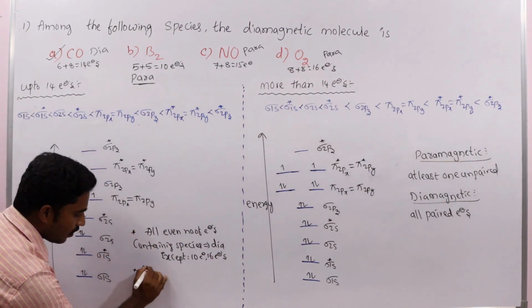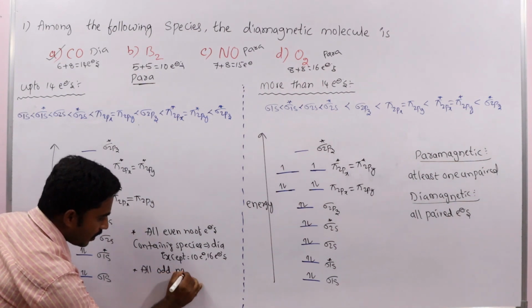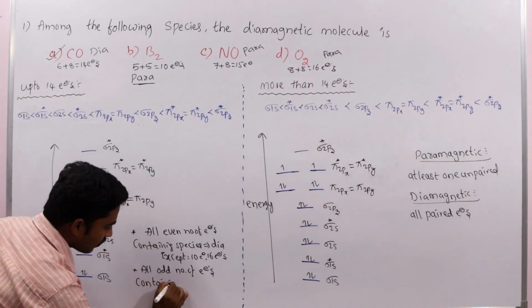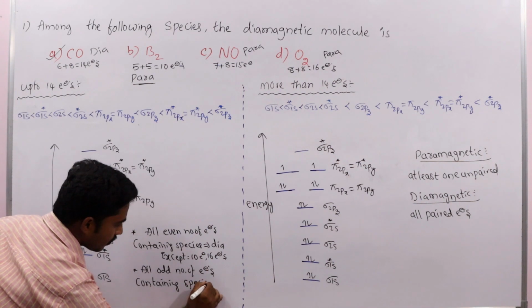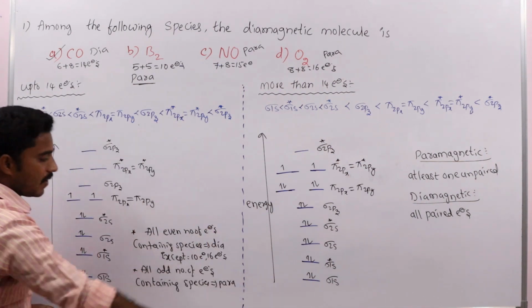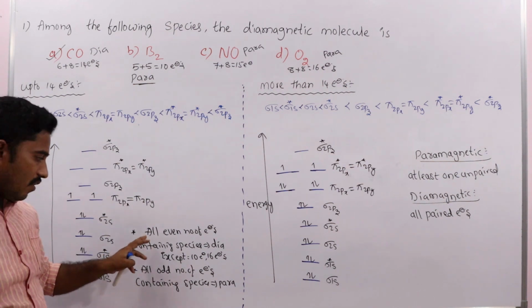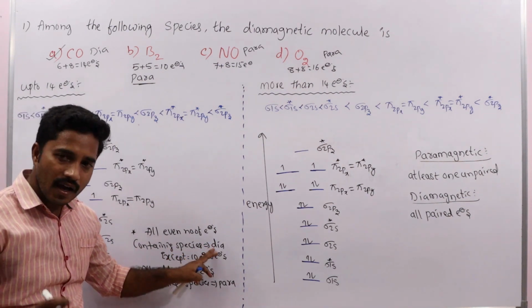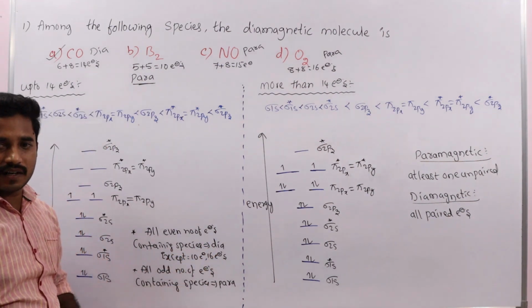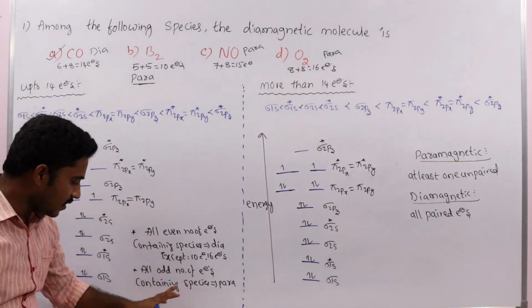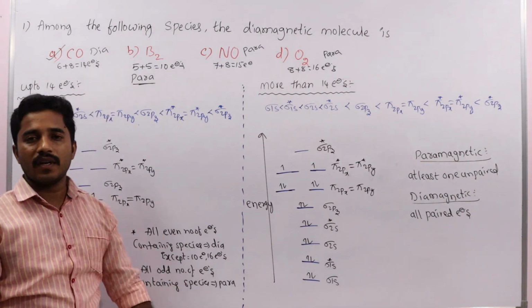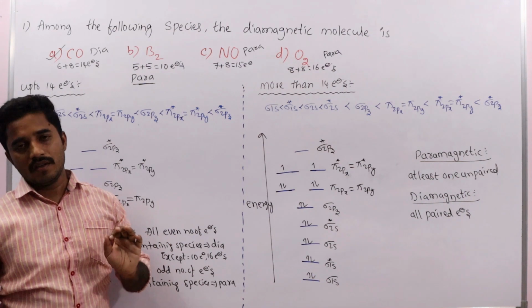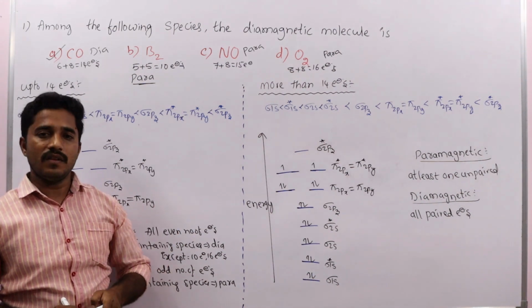Next one, all odd number of electrons containing species are paramagnetic in nature. So here you have to remember: all even number of electrons containing species are compulsorily diamagnetic except 10 electron species and 16 electron species. All odd number of electrons containing species are definitely paramagnetic species. Like this we can find out diamagnetic and paramagnetic substances based on the molecular orbital theory.